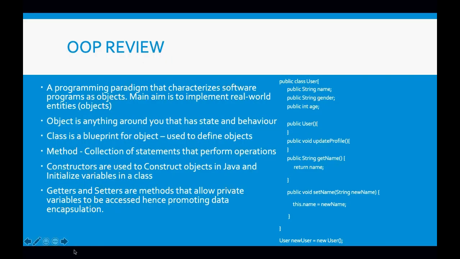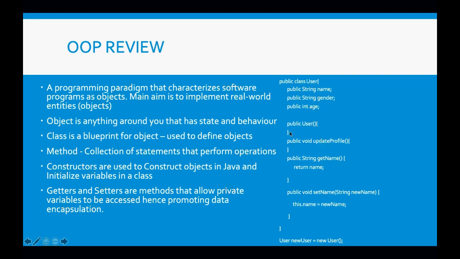Then we also have getters and setters, which are methods that allow private variables to be accessed, promoting data encapsulation. So we don't want our variables out in the public like that. So we encapsulate them and keep them in the class, and we access them via getters and setters. I've got an example on my right-hand side here, and this is my class User.